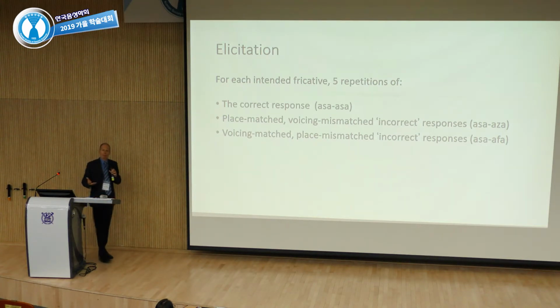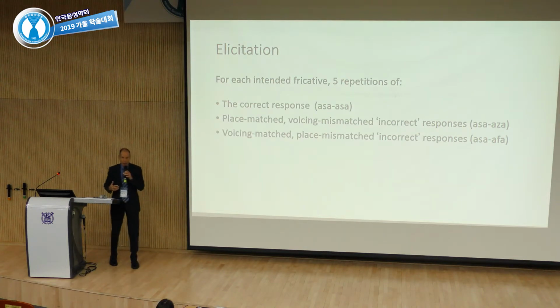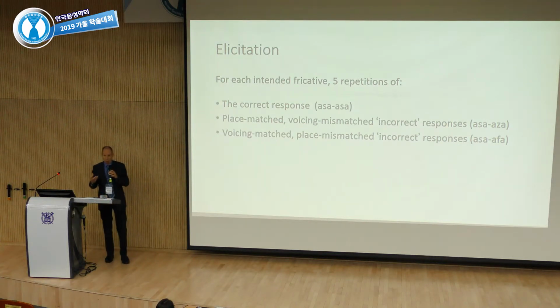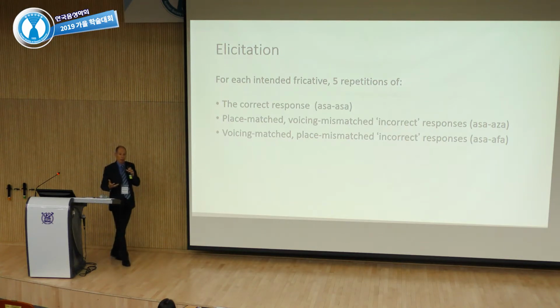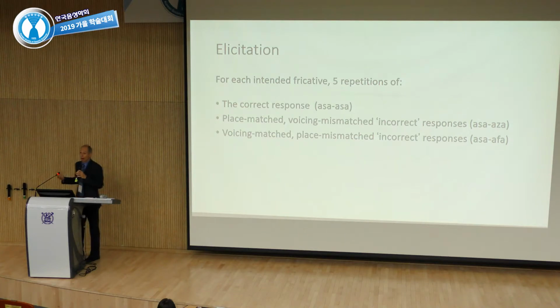So you were supposed to say asa, you did say asa, the computer thought that you said asa, and now you have to repeat that asa, correcting for that voicing error. And in the other case, of course, you have to repeat it, but now correct for that place error. So you said asa, the computer thinks you said afa, and you have to correct for that particular place error. So we get systematically different productions in response to different perceived miscommunications.